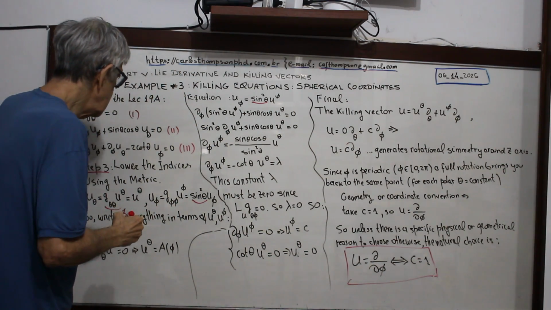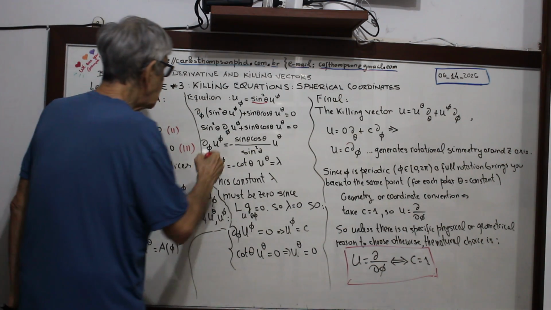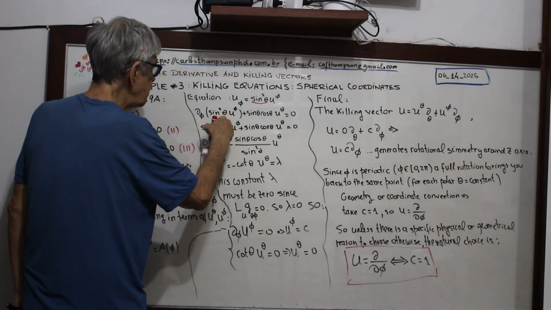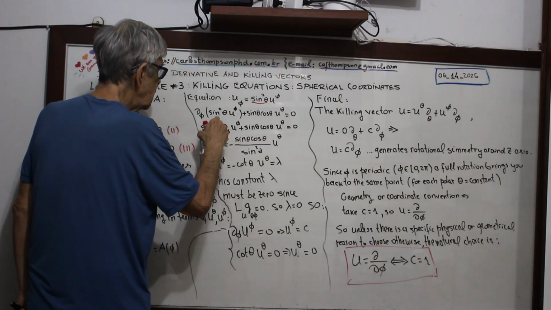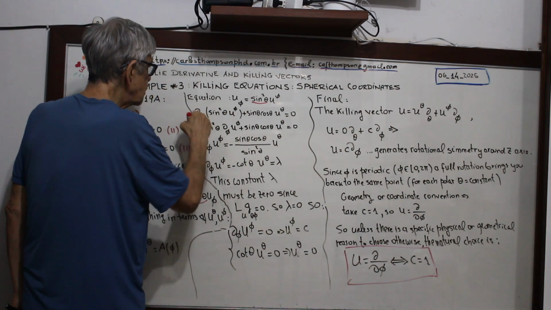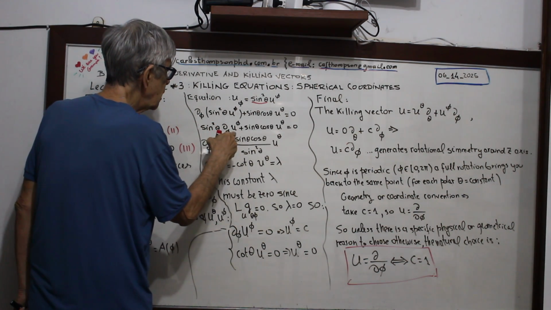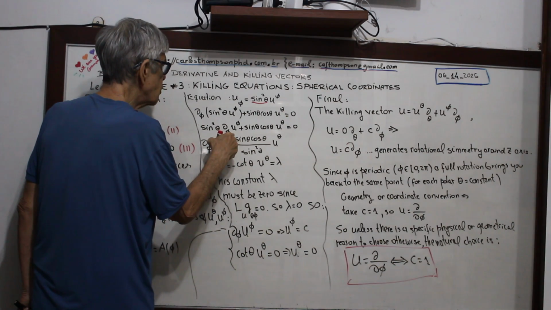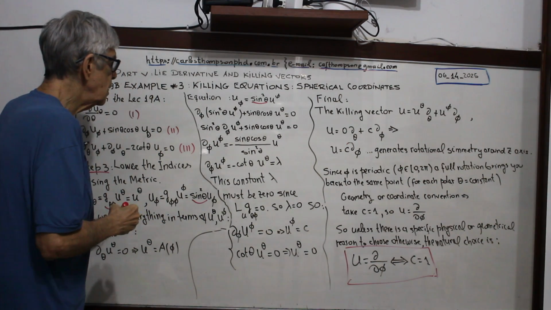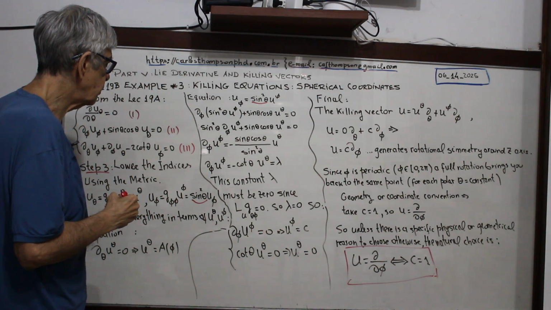It's quite easy, as we derived previously. I take the partial derivative with respect to phi. Attention, the sine square of theta comes out of this operator, so this is sine square of theta partial phi u phi plus sine cosine u theta.